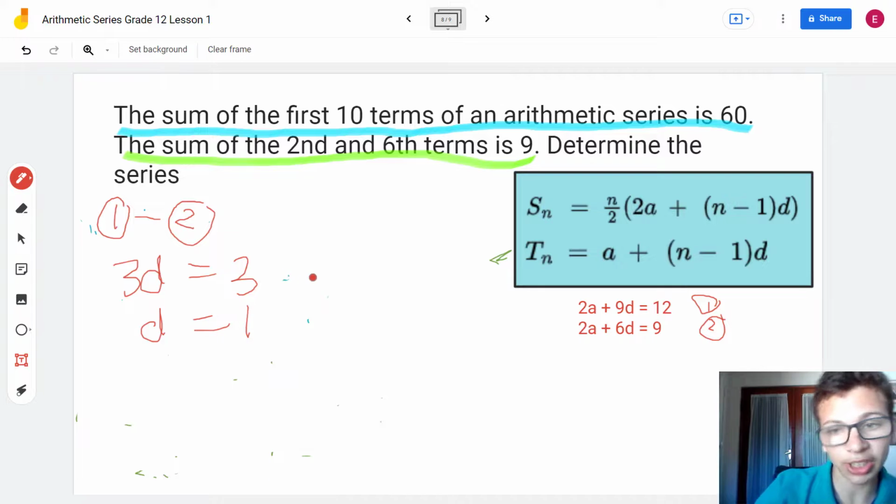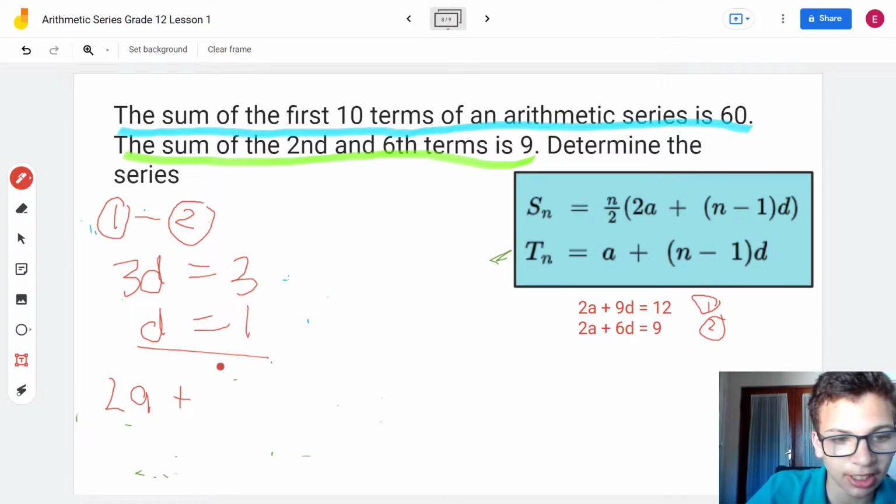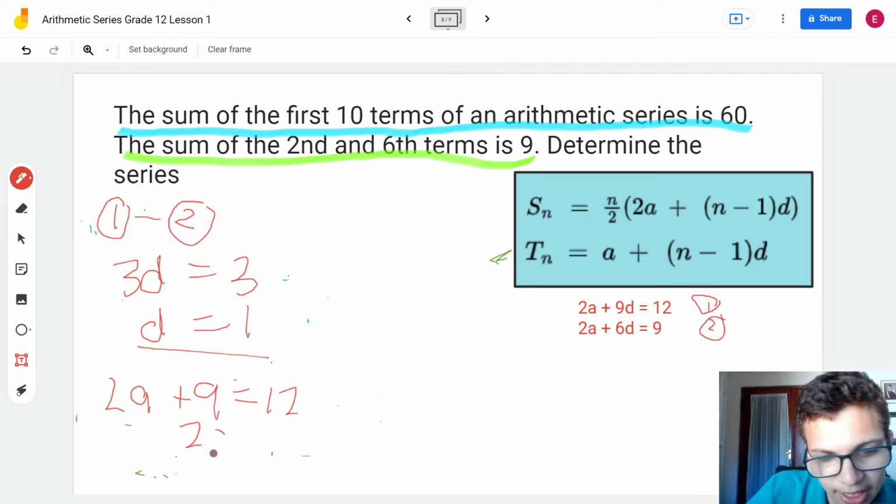Now we can substitute into any equation, but let's choose the first one. So 2a plus 9d. Okay, so we're going to substitute d into that equation. 9 times d, so that's just 9, equals 12. So we have that 2a equals 3, and a equals 3 over 2.